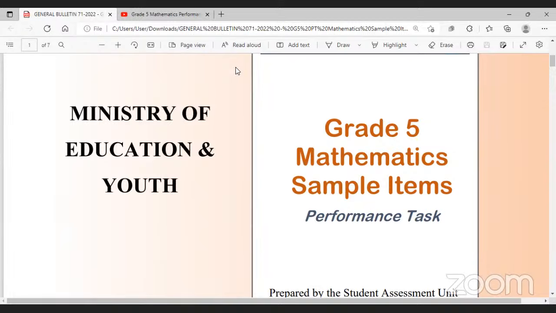Since then, there has not been another administration of the grade 5 performance task until this year. So these tasks will be administered the 8th and the 9th of June. And yes, it's next week.